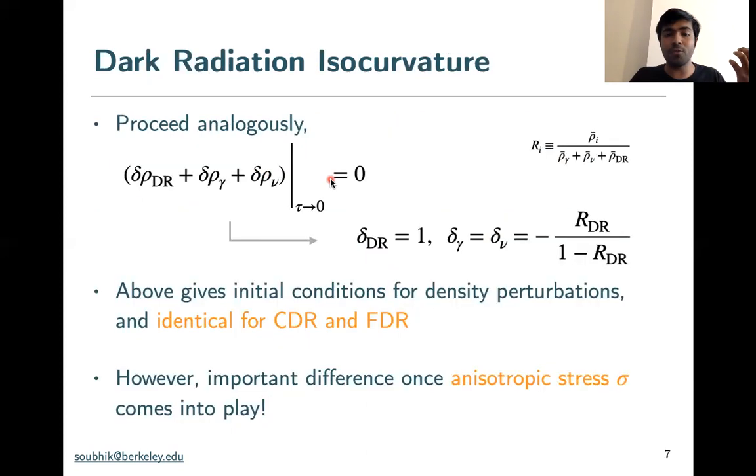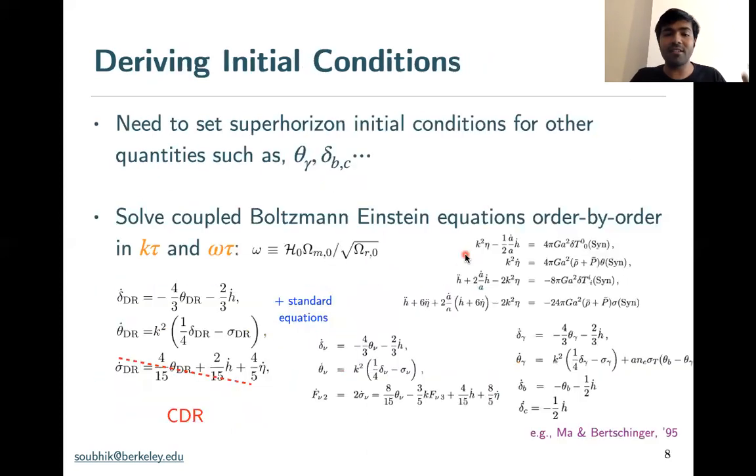So I won't be going over this slide in much detail, but what we do is the following. I just told you how to set initial conditions in deltas, but of course, to solve the full set of coupled Boltzmann-Einstein equations, you need the initial conditions for other quantities as well, like photon velocities, density perturbations in baryons and CDMs and so on.